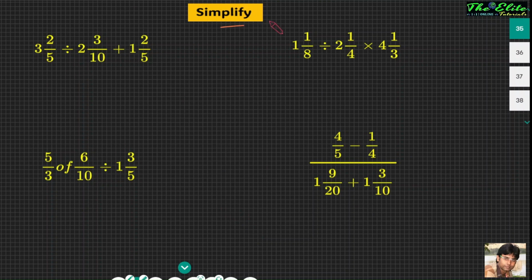Again, see here, whenever the word simplification or simplify is there, we will always remember one thing that is known as the BODMAS rule. And the BODMAS rule tells us that the very first thing you have to do is the jobs of the brackets, then of, then division, then multiplication, then addition, then subtraction.